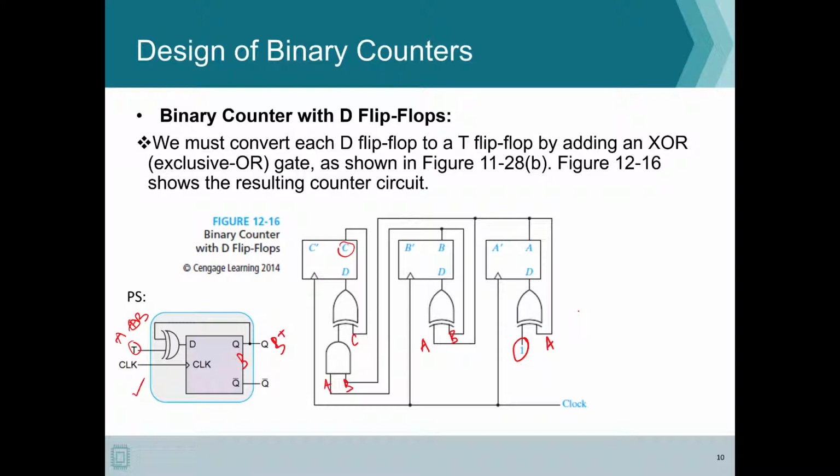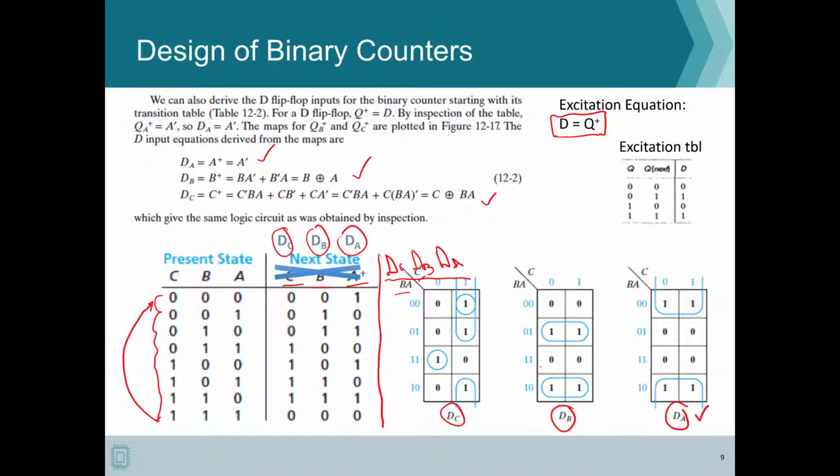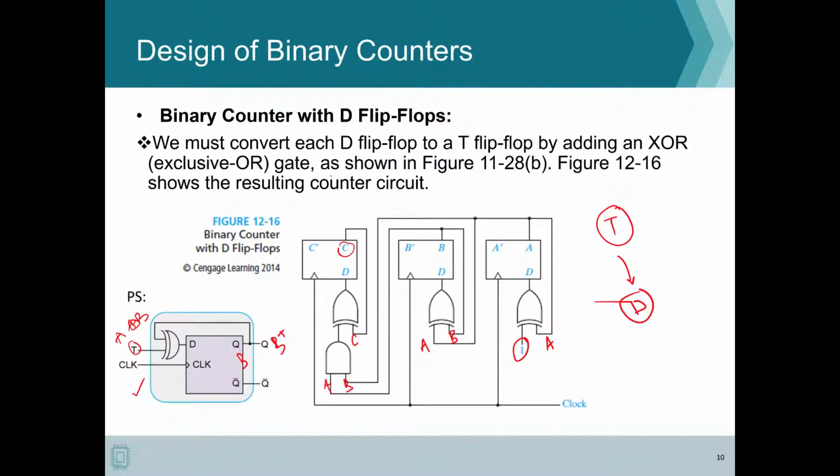So this will be another easy way to convert an implementation that you have already calculated with T flip-flops into a D flip-flop. Or you can also do the long way that is shown here, where you have the functions that are shown here. This function here will give you A dash.